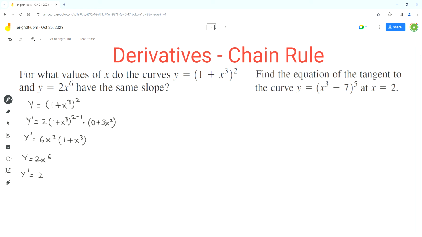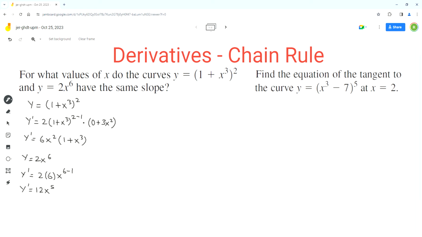And then for x to the power 6, we can use the power rule, which will be 6x to the power 6 minus 1. And this can be simplified to 12x to the power 5. So this is the derivative of the second function.